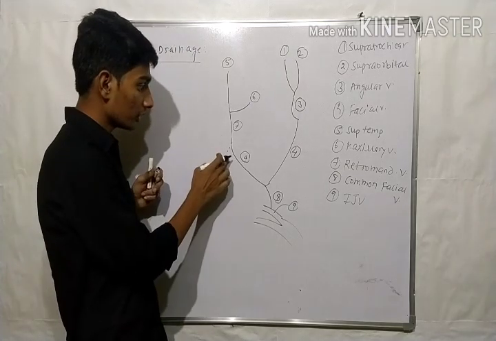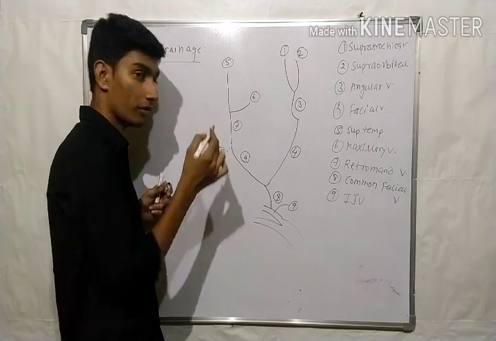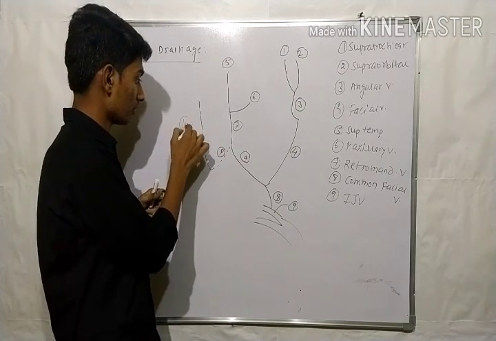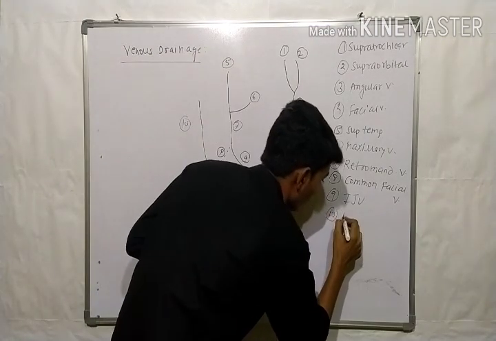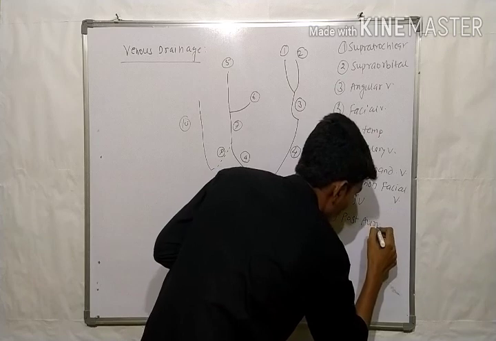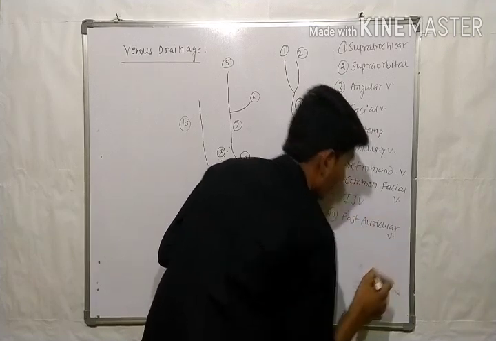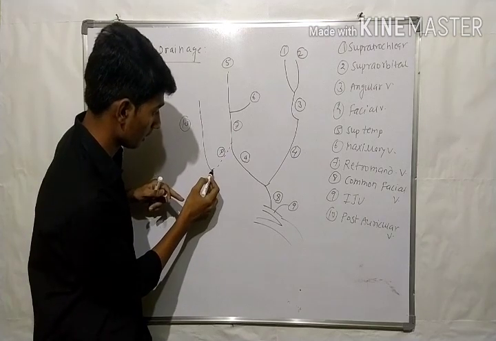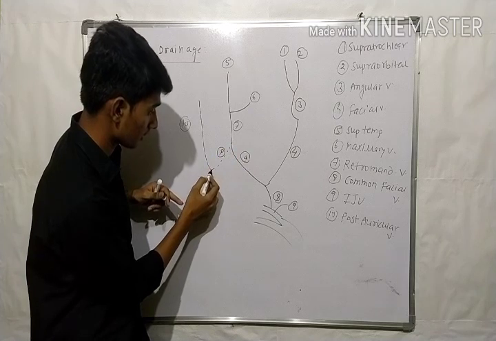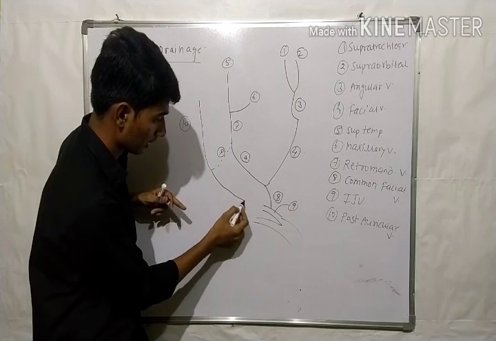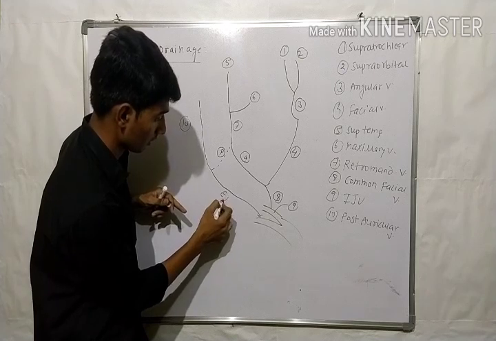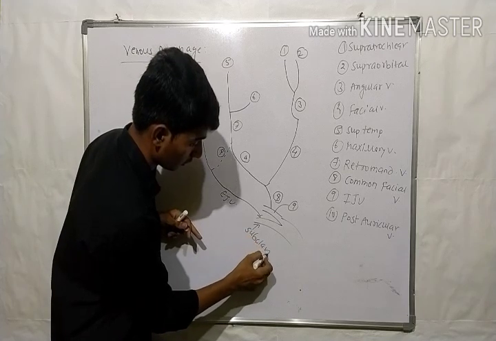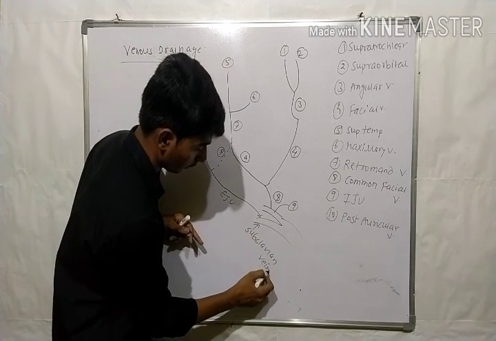Now the posterior division of the retromandibular vein receives the posterior auricular vein, that is 10. They combine together and form the external jugular vein, and it drains into the subclavian vein.